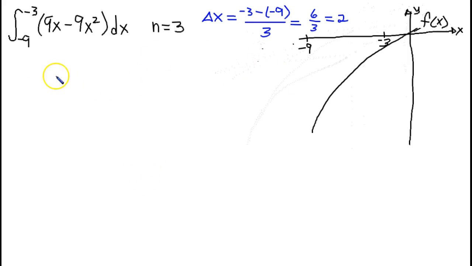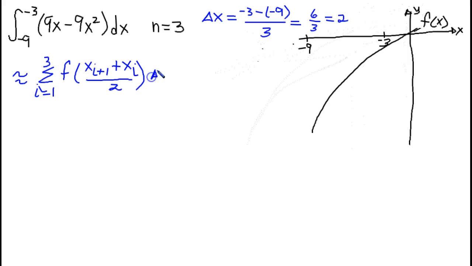The formula that we're going to use to approximate the definite integral looks like this. We're going to take the sum as i goes from 1 to 3 of f of (x sub i plus 1 plus x sub i) over 2, times delta x.